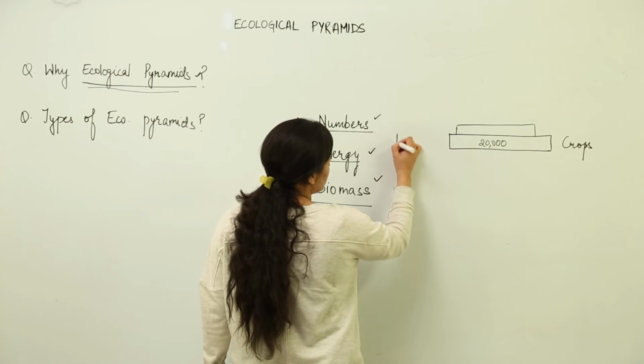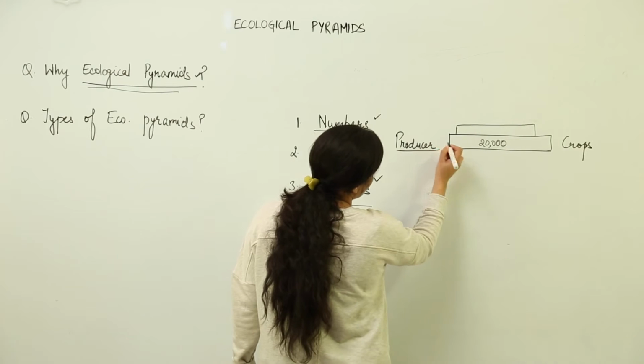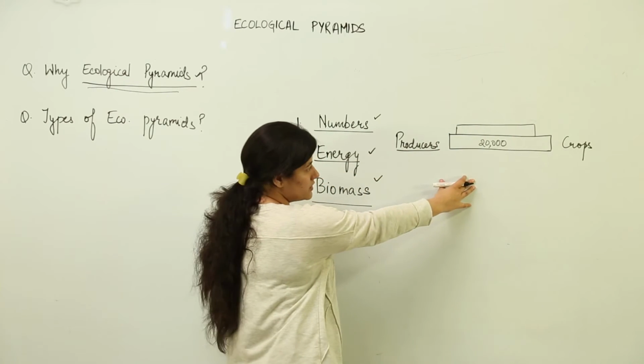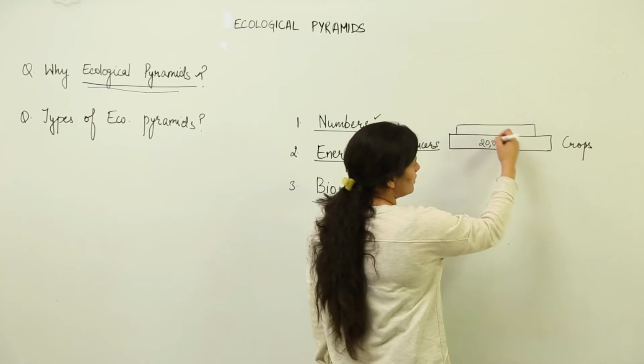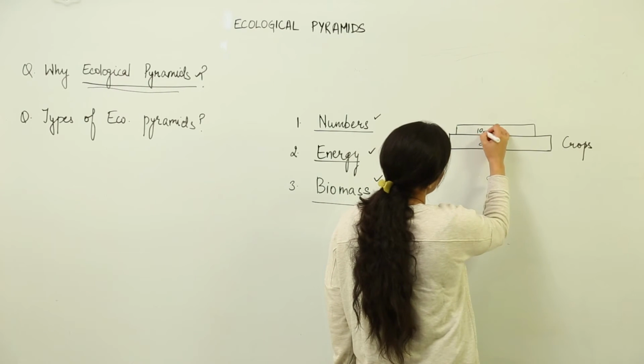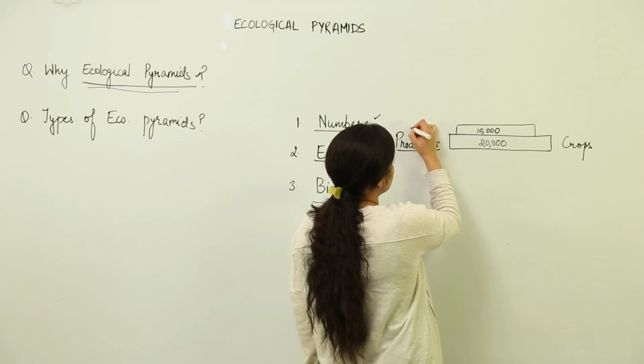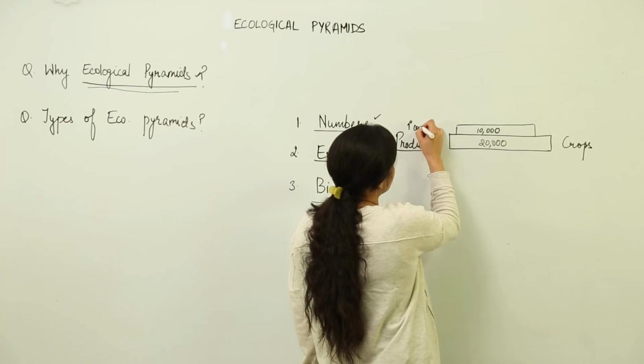Producers are always primary. So this trophic level has produced 20,000 organisms in terms of number. Now supposedly a few dietarians and insects are feeding on it, which happen to be around 10,000. So I am considering number over here in terms of primary consumers.